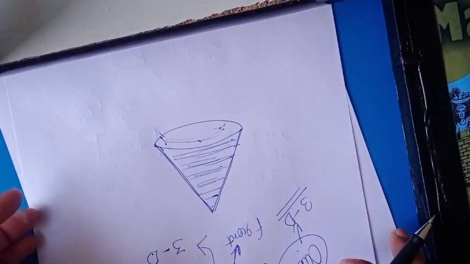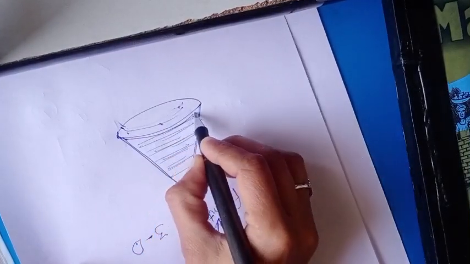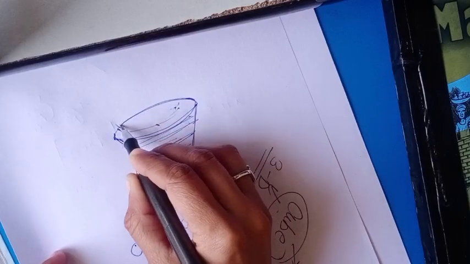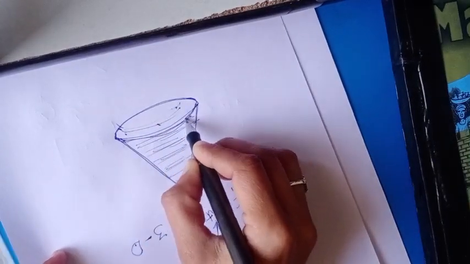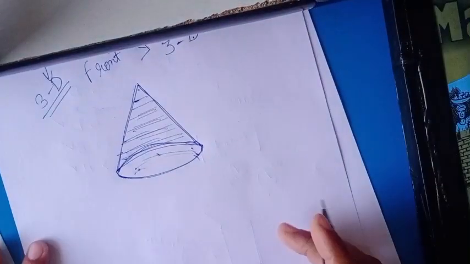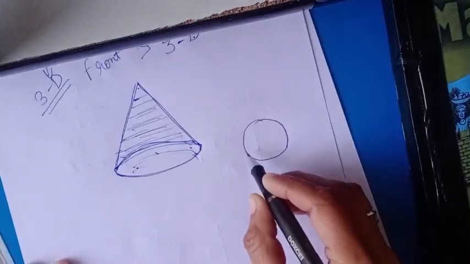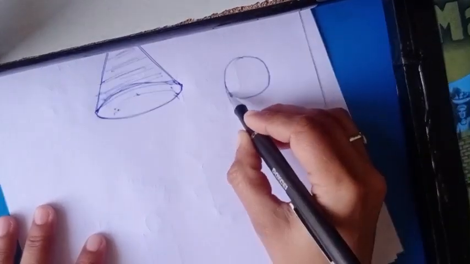Now you already know the upper portion of the cone is a circle. What is the shape of the upper portion of the cone? It is a circle.